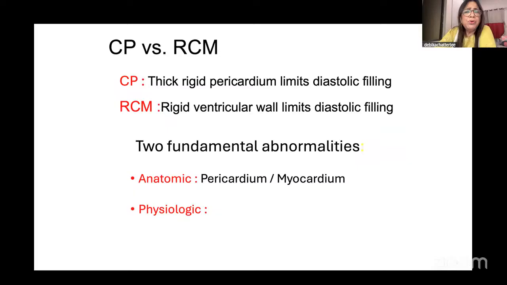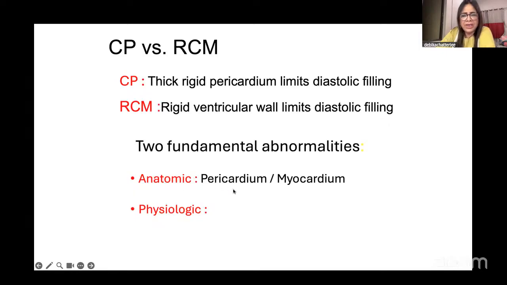So if we look, constrictive pericarditis is a thick, rigid pericardium which is limiting the diastolic filling. But in restrictive cardiomyopathy, it is the rigid ventricular myocardial wall which limits the diastolic filling. In both conditions, you get these two fundamental abnormalities, one anatomic and another physiologic.